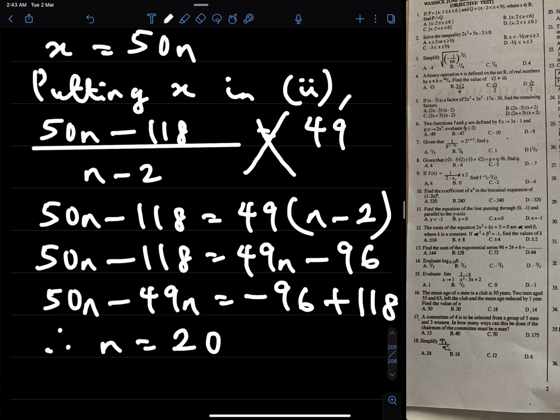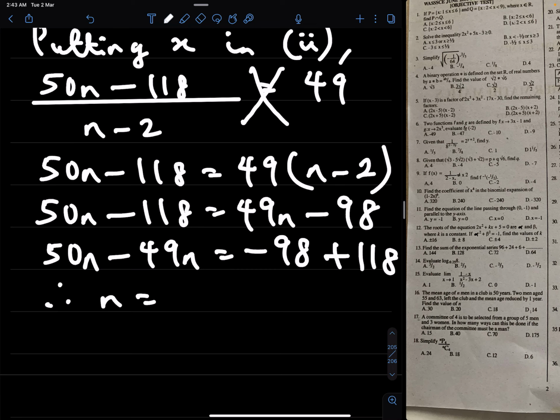When you cross multiply here, 50n minus 118 equals 49 times n minus 2, which is 49n minus 98. So when you collect like terms, n equals 20.